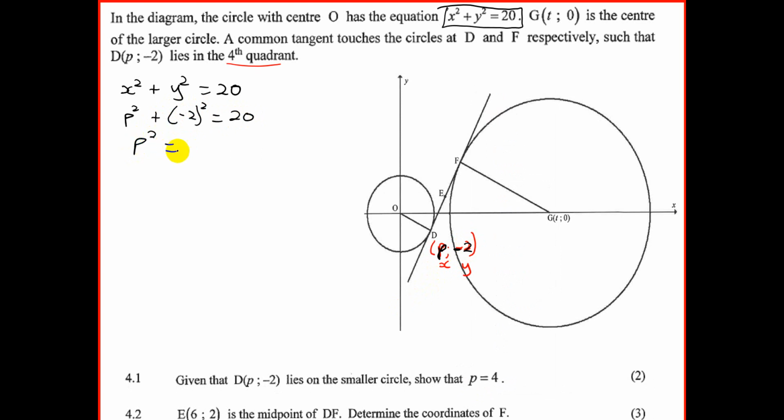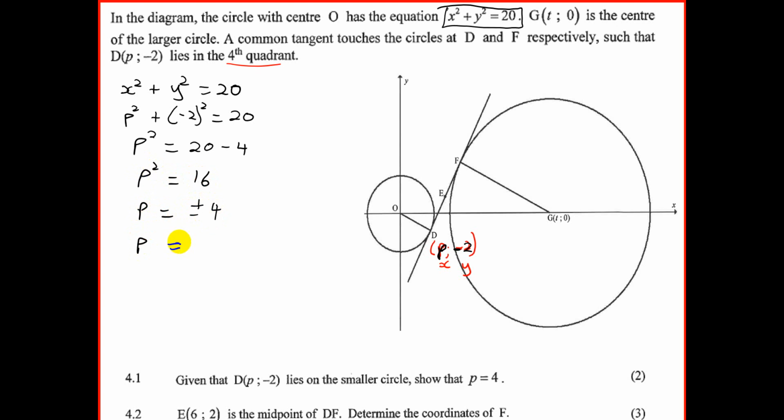So P squared plus minus 2 squared, which is 4. Take it on the underside, that gives us a negative 4. P squared is 16, and P would be plus minus the root of 16, which is 4.